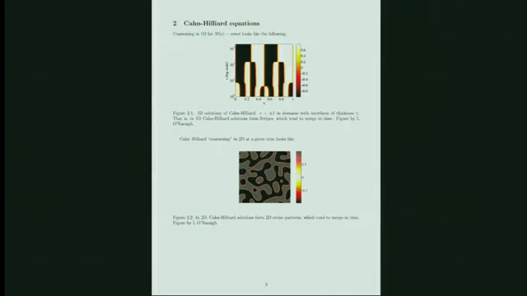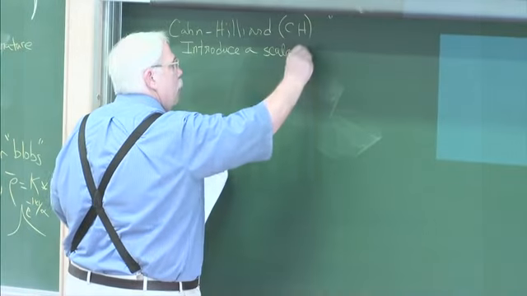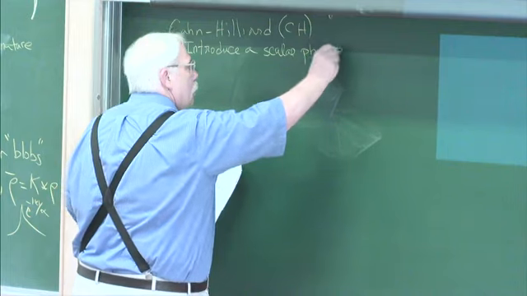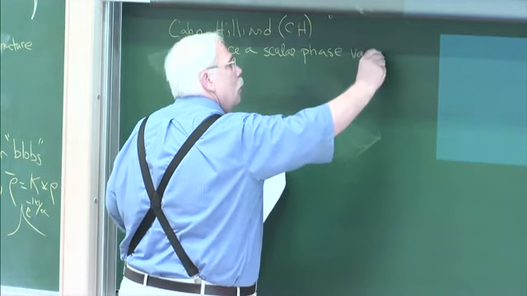So, for Cahn-Hilliard, I guess we'll call it CH for short, we introduce a scalar phase variable.